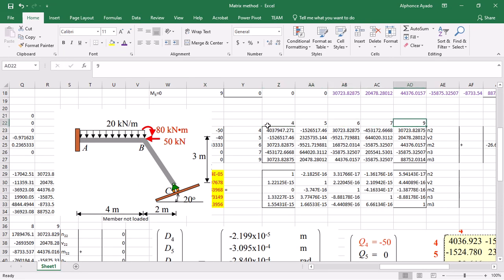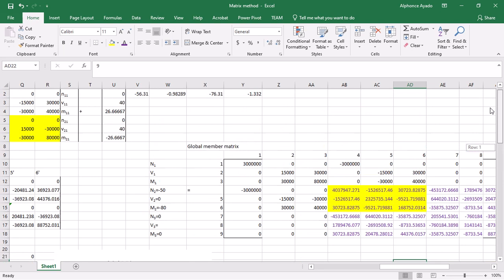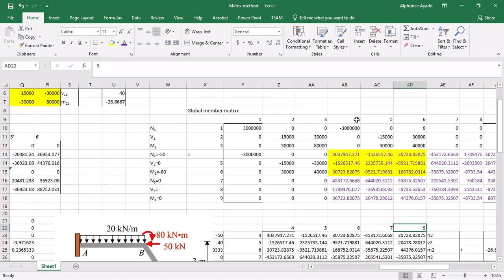So for example, 4, 4, you pick this one, 4, and column 4. So you pick 4, 5, 6, 7, and 4, 5, 6, 7, and 9. So you can basically copy this.